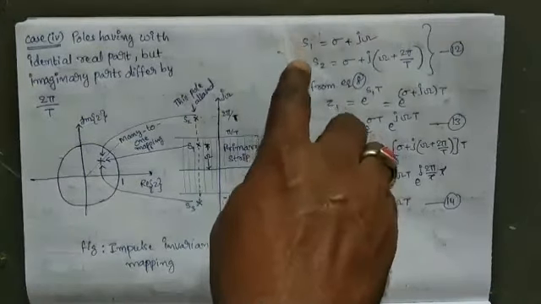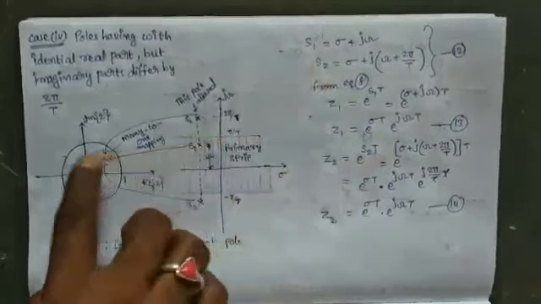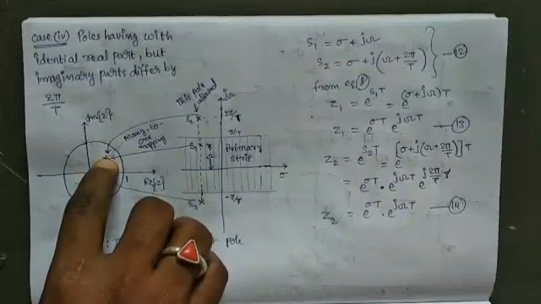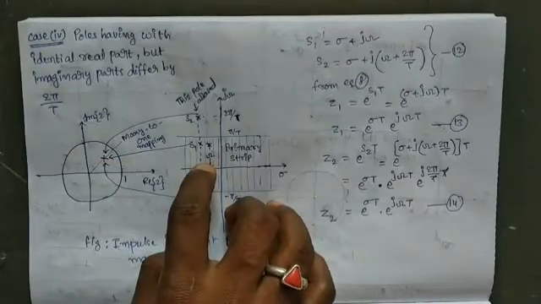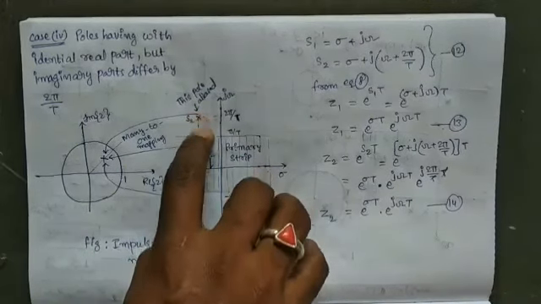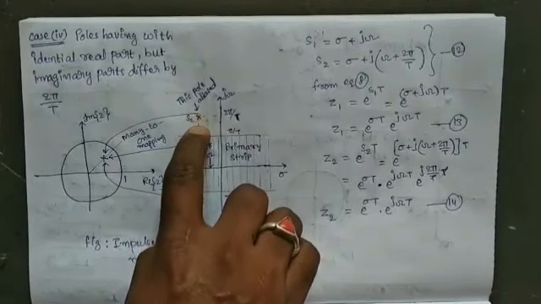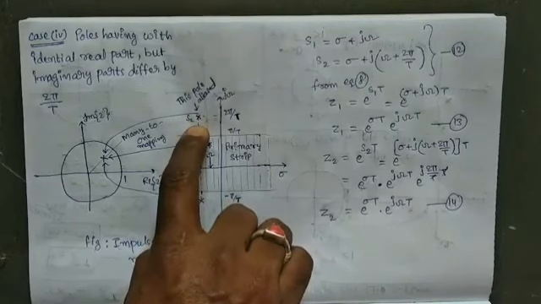This means we are transforming these two poles into a single pole in the Z plane, so poles having the same real part but differing by 2 pi by T map to one pole. Due to this, aliasing takes place when sampling an analog signal.